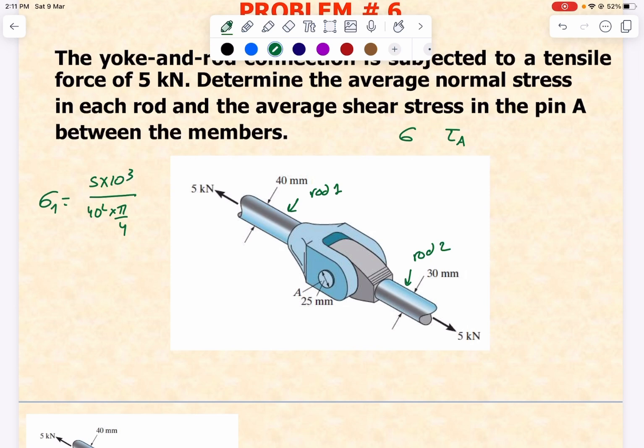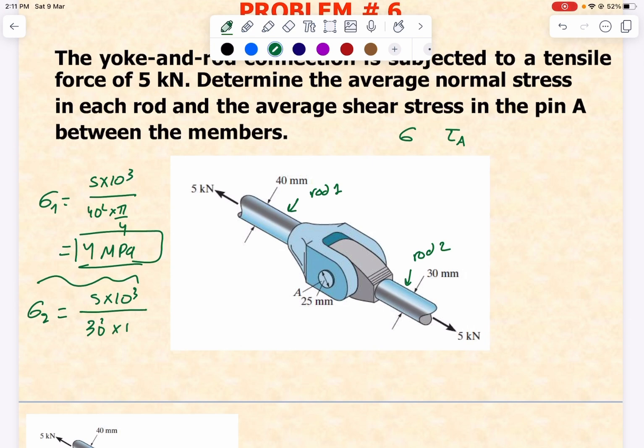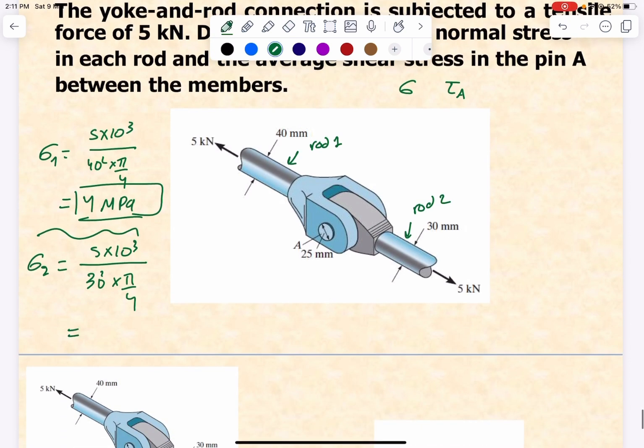Here we get it as 4 megapascal. And in the second one, it's gonna be the area, which is 30. So we will have it 7.07 megapascal.